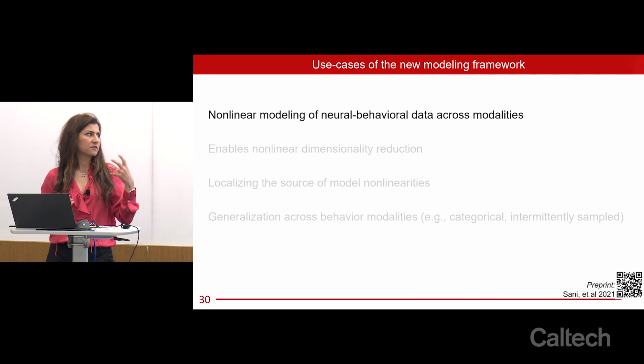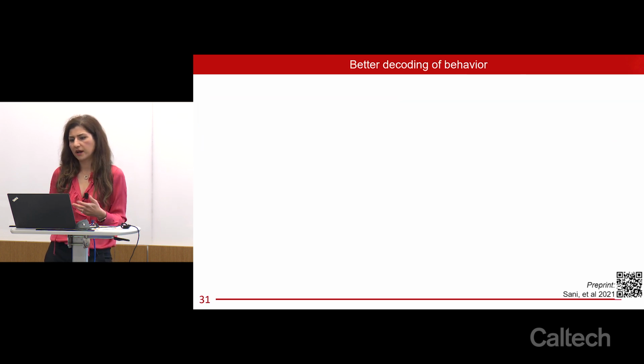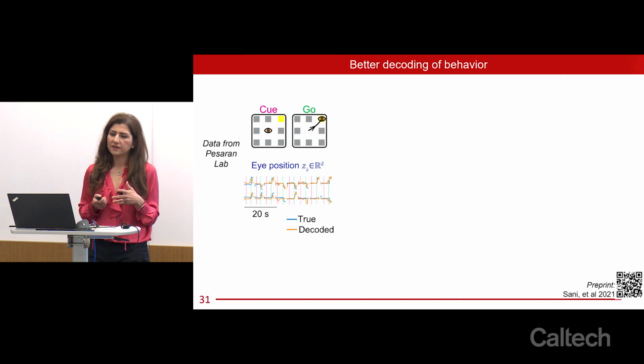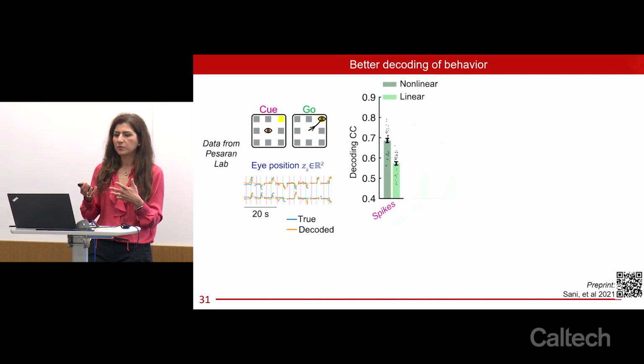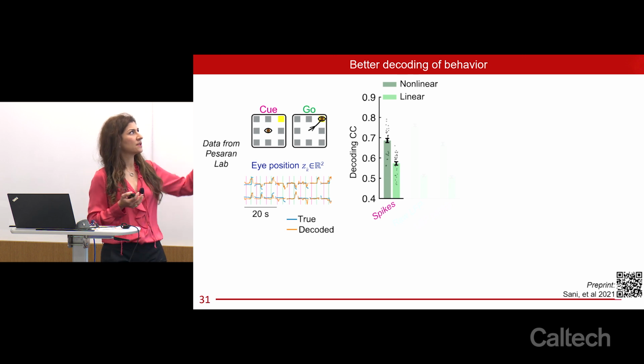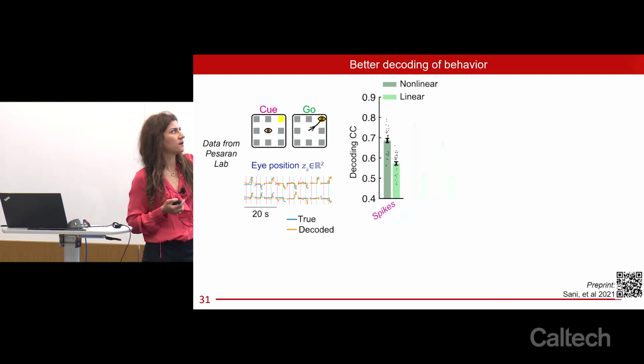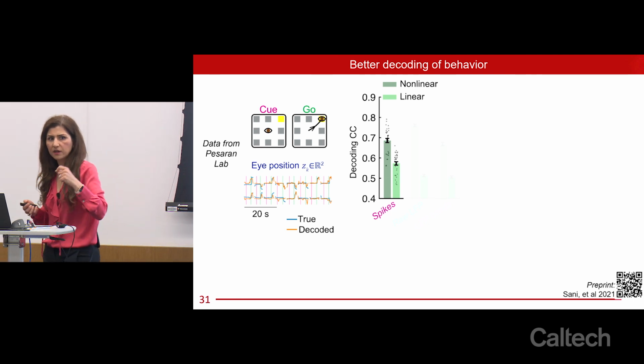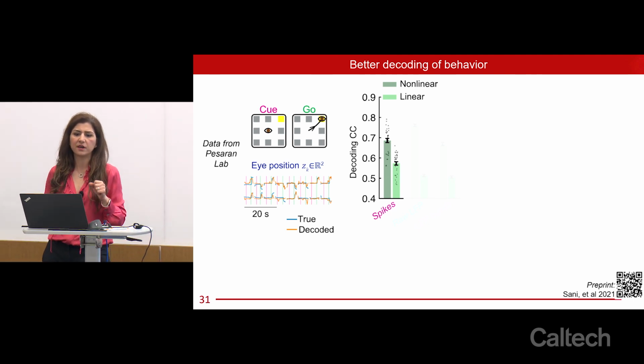The first use case is nonlinear modeling of neural behavioral data. To look at the benefit of nonlinearity here, in extracting behaviorally relevant dynamics, we looked at the decoding of behavior in each modality compared to PSID, which is a linear model that is very good at decoding behavior.